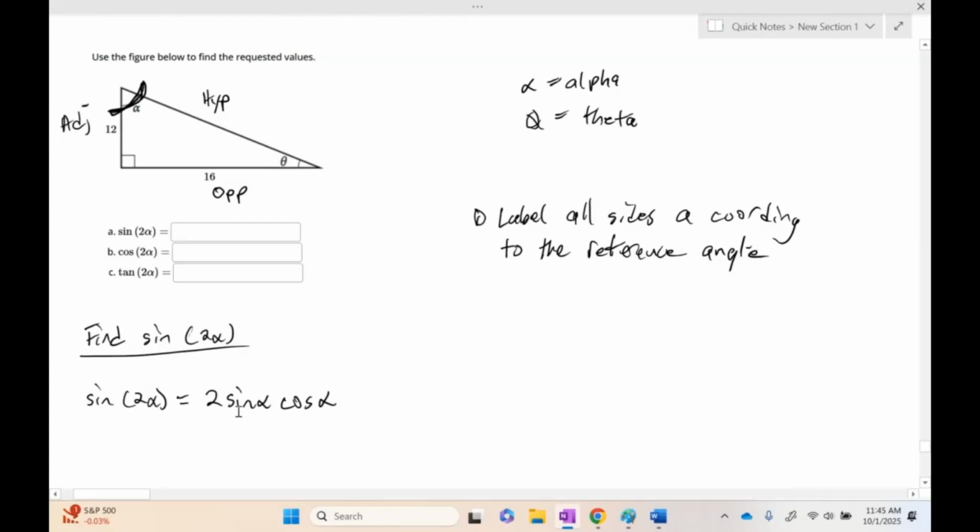Now if I want to find the sine, remember Chief Sohcahtoa, the sine is the opposite, which we know, divided by the hypotenuse, which we don't know. But we can find the hypotenuse, right? If you're given two sides, you can find the third side by using the Pythagorean theorem.